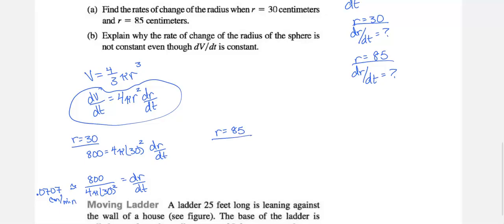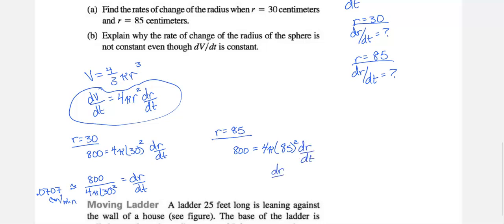So let's look at what's happening at 85. We'll substitute in everything we know. The rate of change of the volume is constant, so we're blowing air into this at a constant rate. Or the volume, rather, is changing at a constant rate. The radius is different.